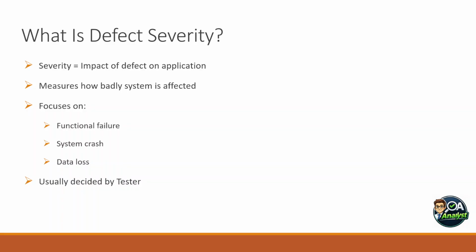Is a major feature not working? Is data getting lost? Or is it just a small UI issue? Remember this clearly. Severity is about damage to the system. Severity is technical, based on functionality, based on expected versus actual behavior. And in most organizations, severity is decided by the tester.